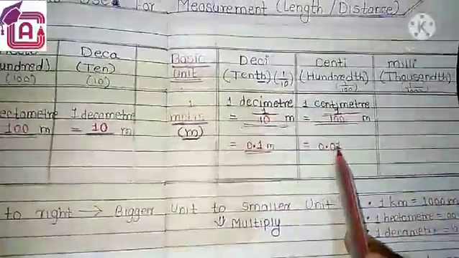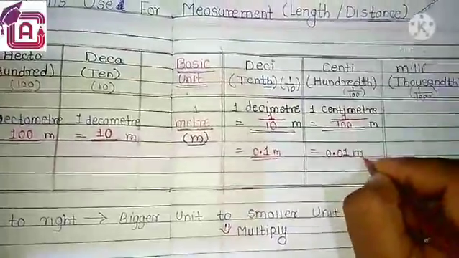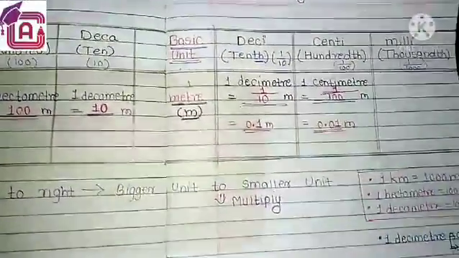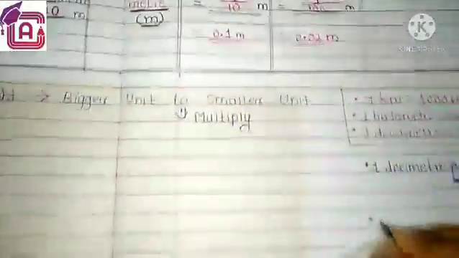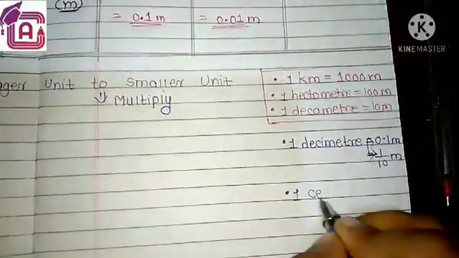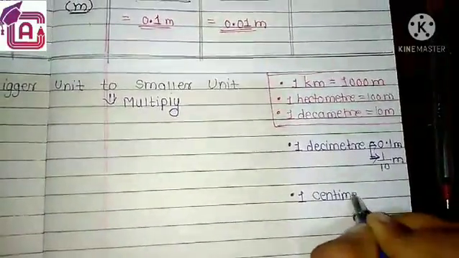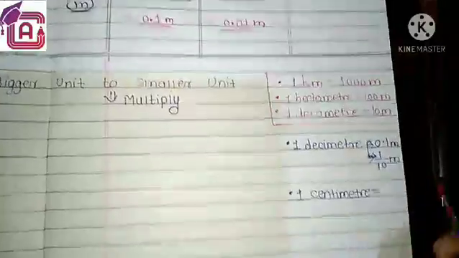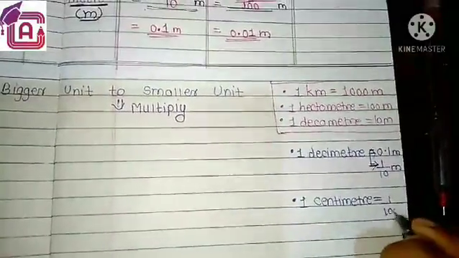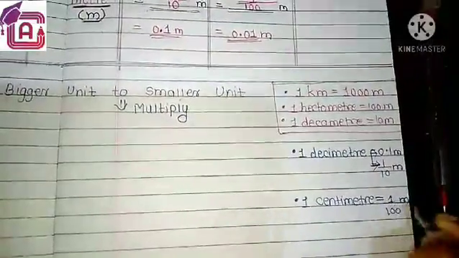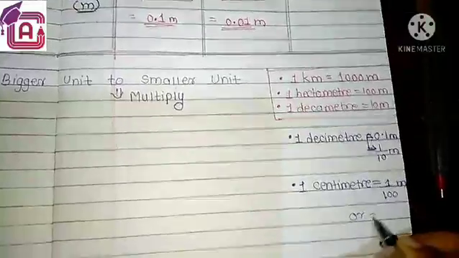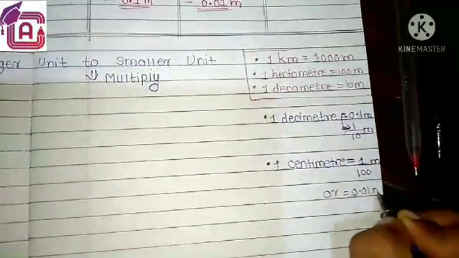So 0.01 meter. So 1 centimeter is equal to 1 upon 100 meter, or 0.01 meter.